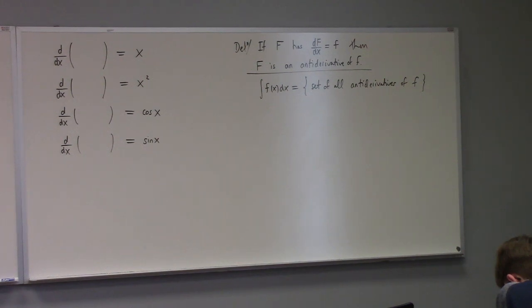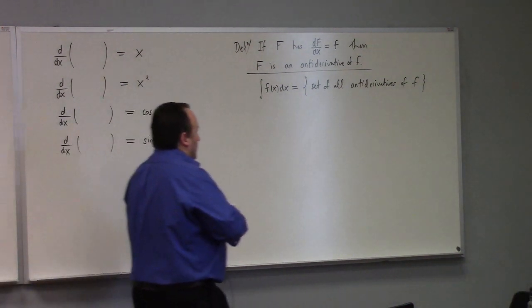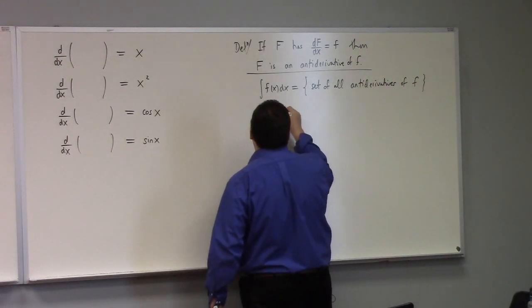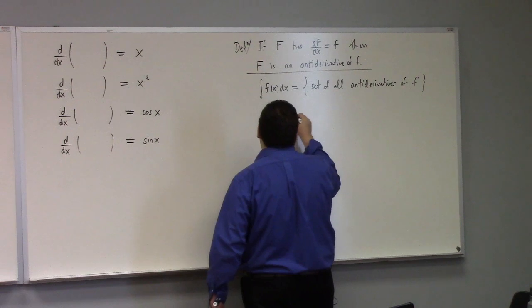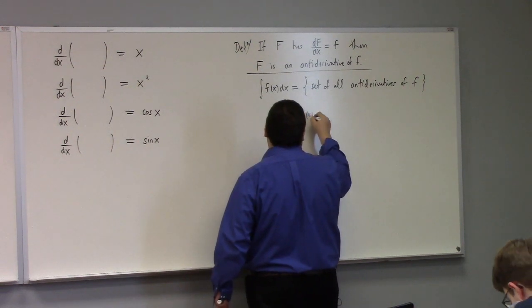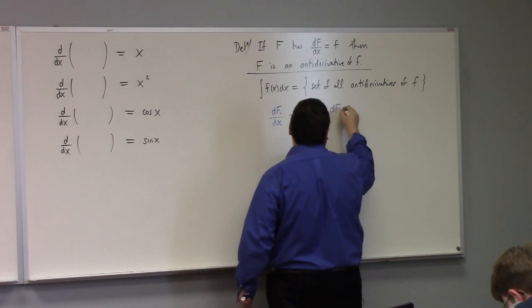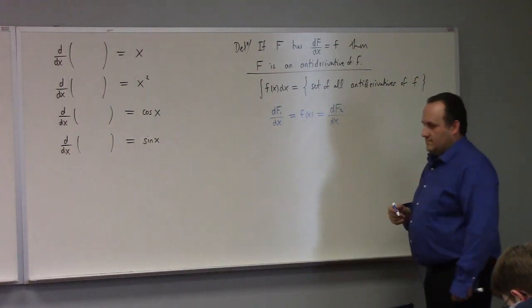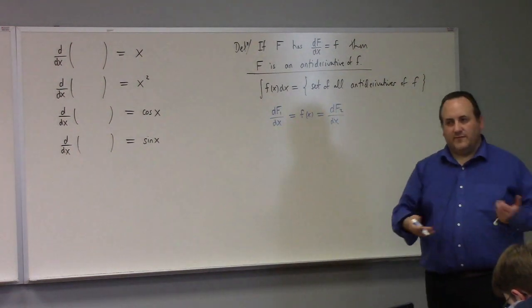Let's think about that for a second, and then we'll get back to my fill in the blank game. If you had dF1/dx equal to little f of x, and that was equal to dF2/dx, what would that tell you about F1 and F2?